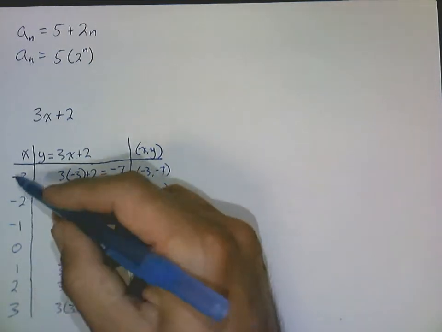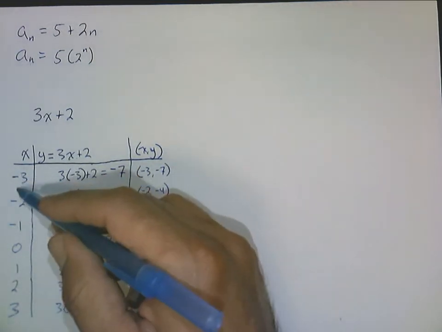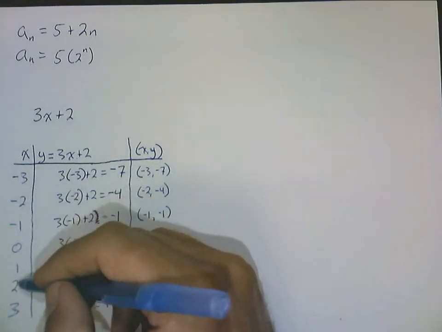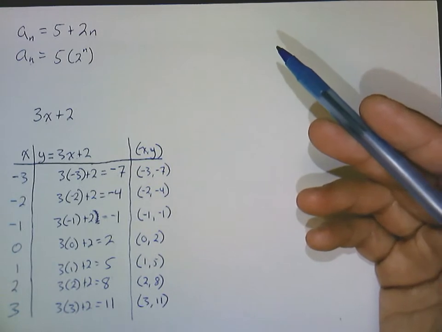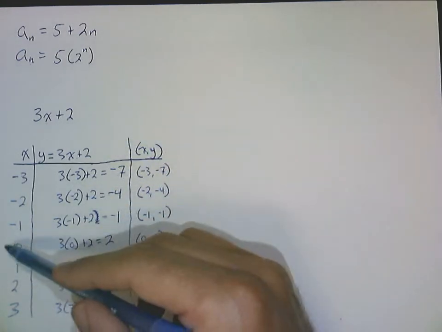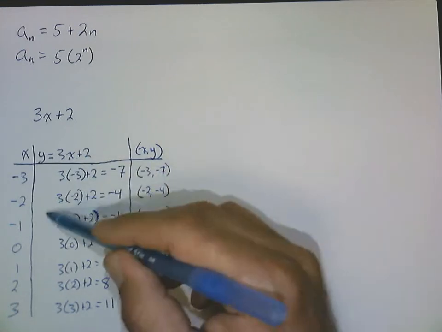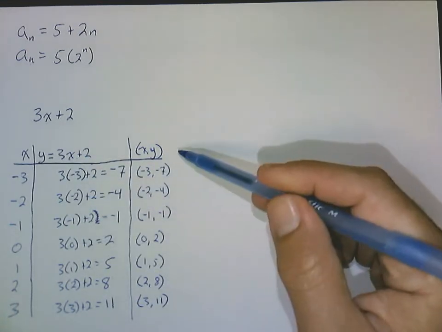And again, we could pick out different values for x. We could pick out rational numbers in between -3 and -2, pick pi, we could pick e, any real number we can put in for x, and that'll spit out a real number for y over here. And we put them together into ordered pairs.